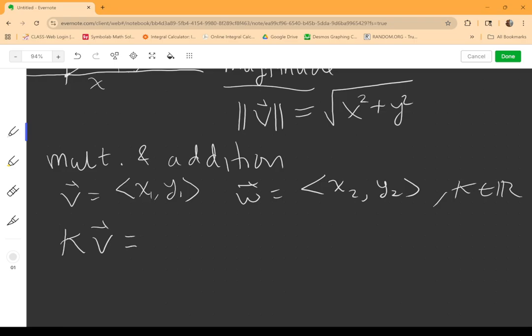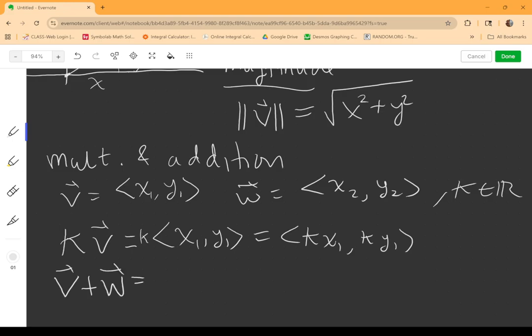Then we can define our scalar multiplication in the following way. We could say k times x1, y1. Then we can just rewrite this as kx1, ky1. We just multiply each component individually. And in terms of our addition of two vectors, we have x1, y1 that represents our v, and for our w, we have x2, y2.